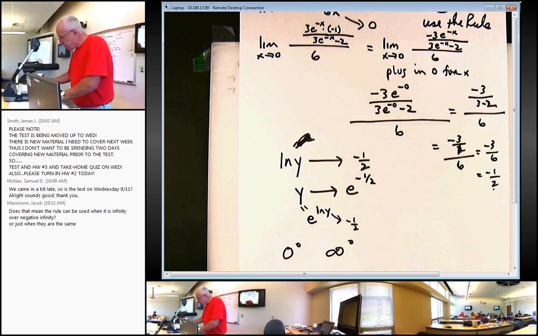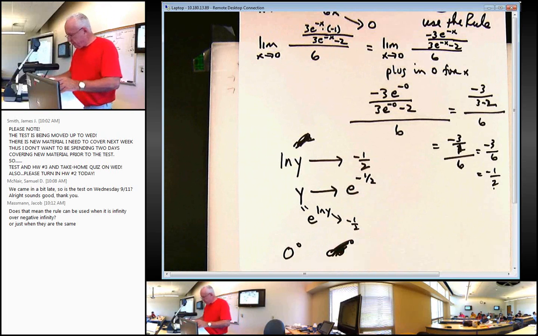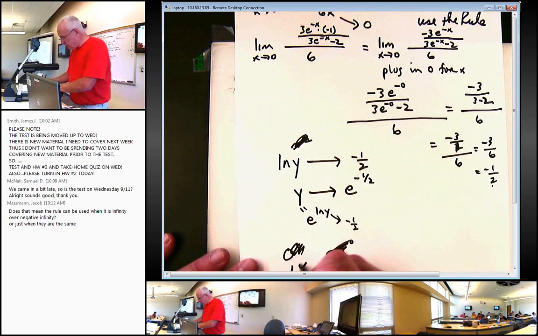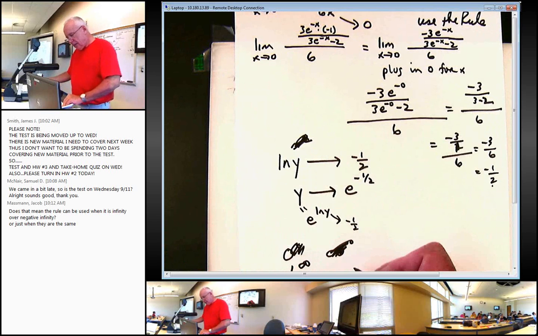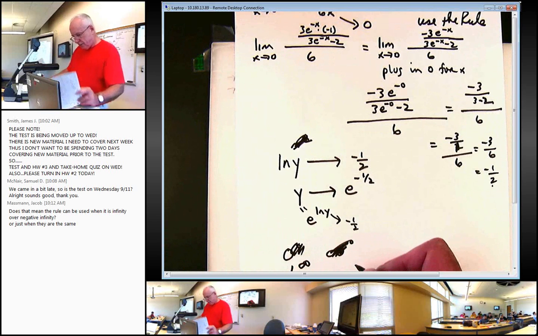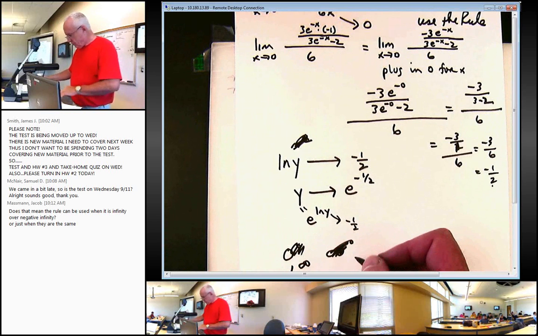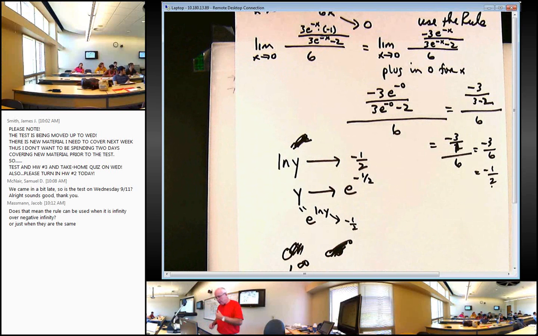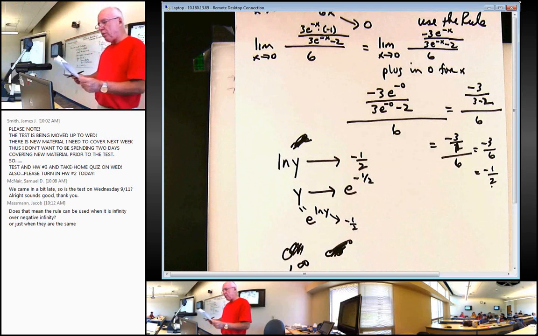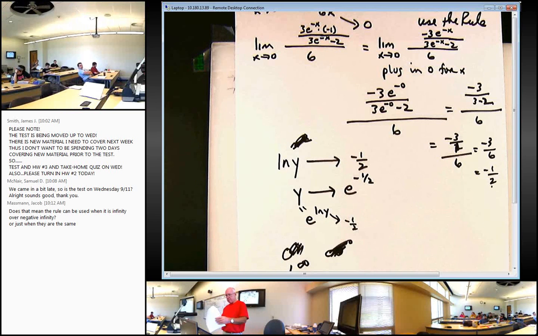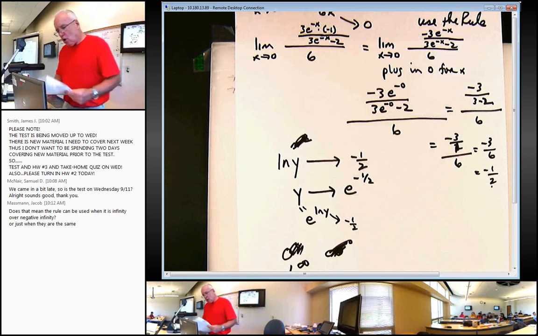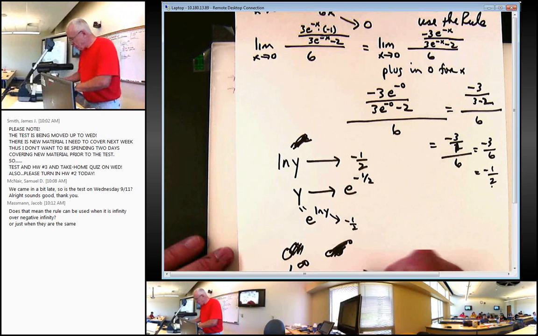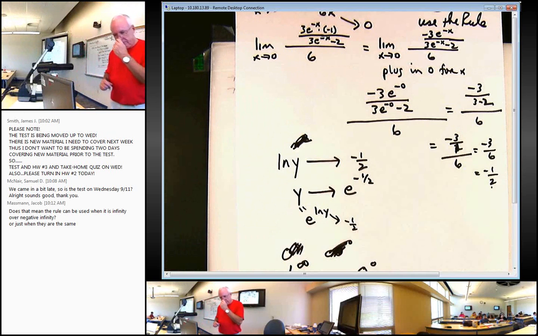No, yeah, 0 to infinity. The first one was 1 to infinity, and then... No, that was the second. Yeah, they were both 1 to infinity. Right, both 1 to infinity. We're now going to look at 0 to the 0 power. 0 to 0. All right.